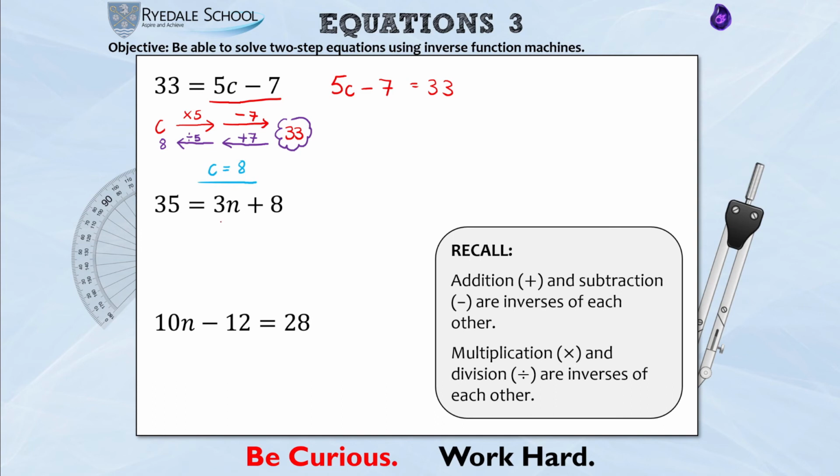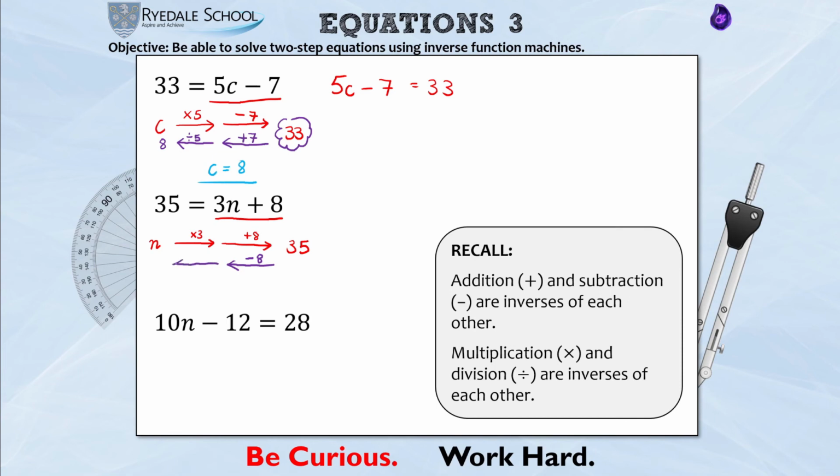3n plus 8 equals 35. Just reading it the other way. So I'm starting with n. I am timesing by 3. I am adding 8. And the answer is 35. What are my inverses? Well, the inverse of add 8 is take away 8.